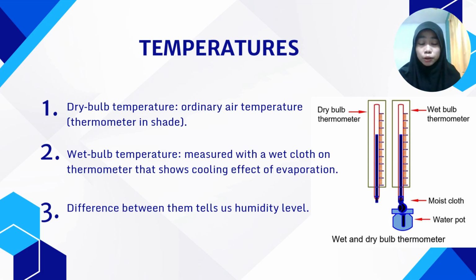So to measure the humidity, we use two temperatures. First, dry bulb temperature, which is the normal air temperature, and second is wet bulb temperature, which is measured with a wet cloth on the thermometer, where the evaporation cools it down, and the difference between them tells us how humid the air is.